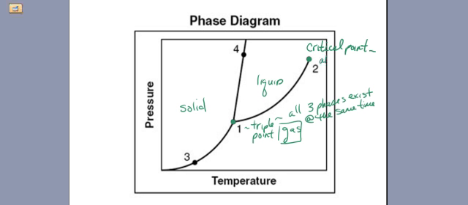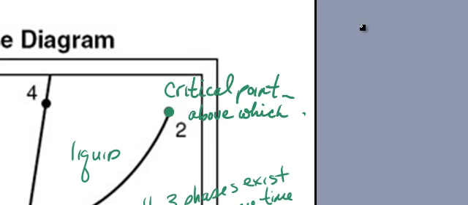Above that temperature, a liquid can't exist. No matter how hard you squeeze or apply pressure to that gas above that temperature, it will always be a gas.